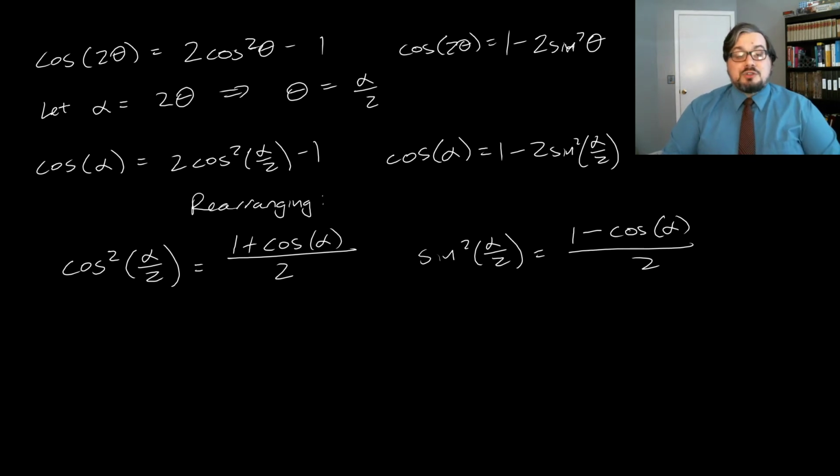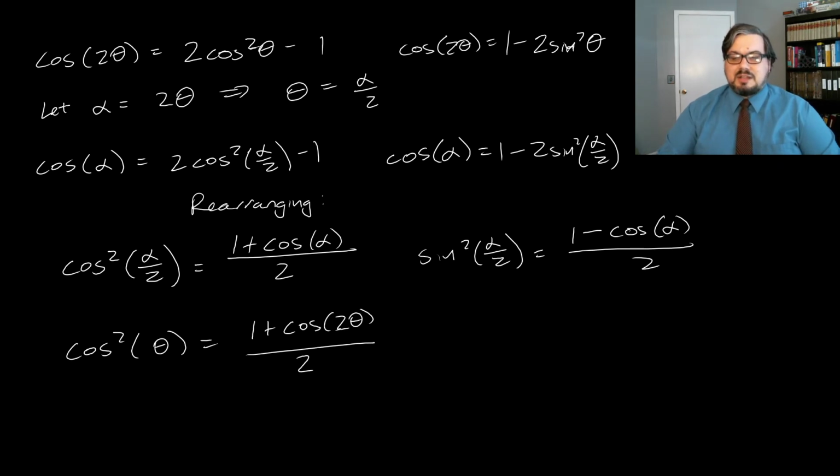Now, of course, we could also have rearranged it with the thetas to begin with, so we can also write our formulas using thetas and 2 thetas instead of alpha over 2's and alphas. The reason why I'm writing down all of these is because at various times and in various ways, each of them is helpful.